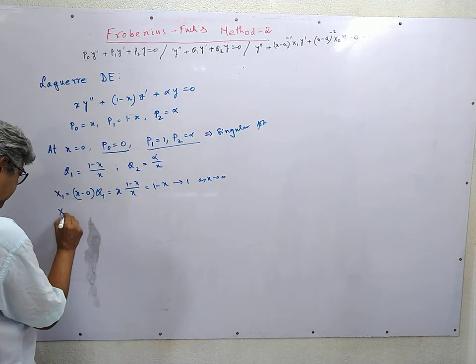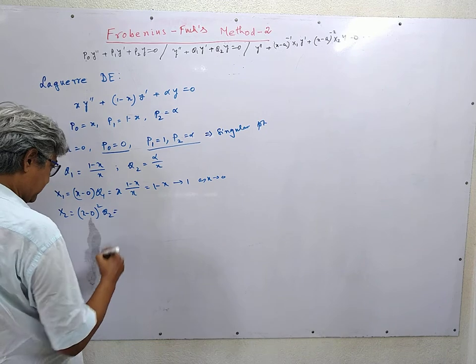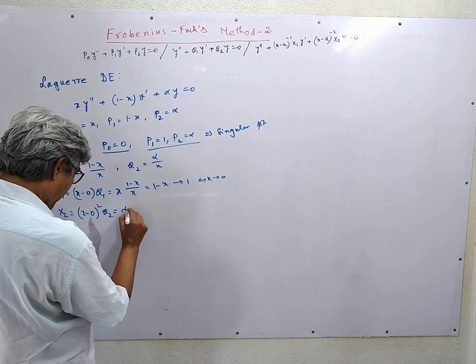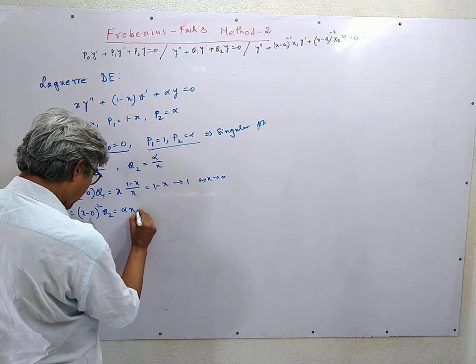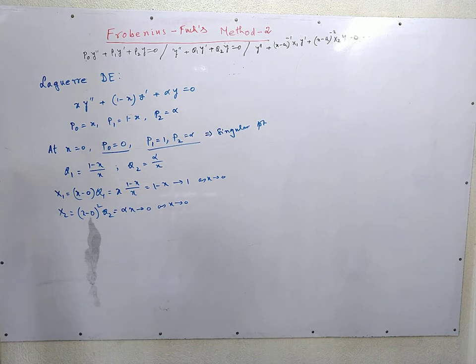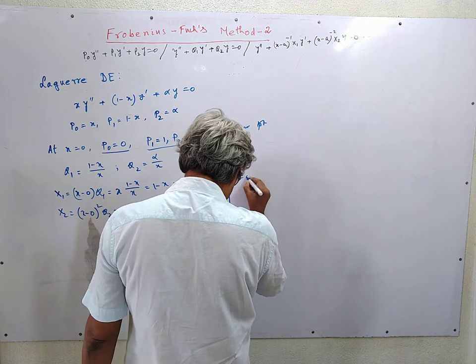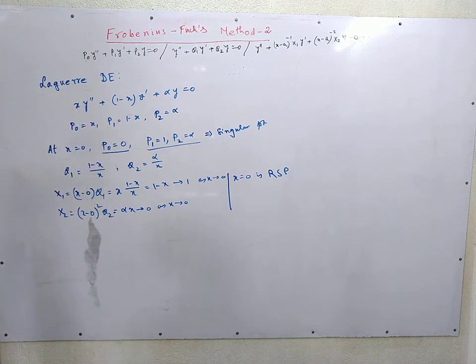And X2 function is x minus 0 whole square times Q2, which is equal to alpha x and tends to 0 as x tends to 0. So both X1 and X2 are finite. So x equal to 0 is a removable singular point of the Legendre differential equation.